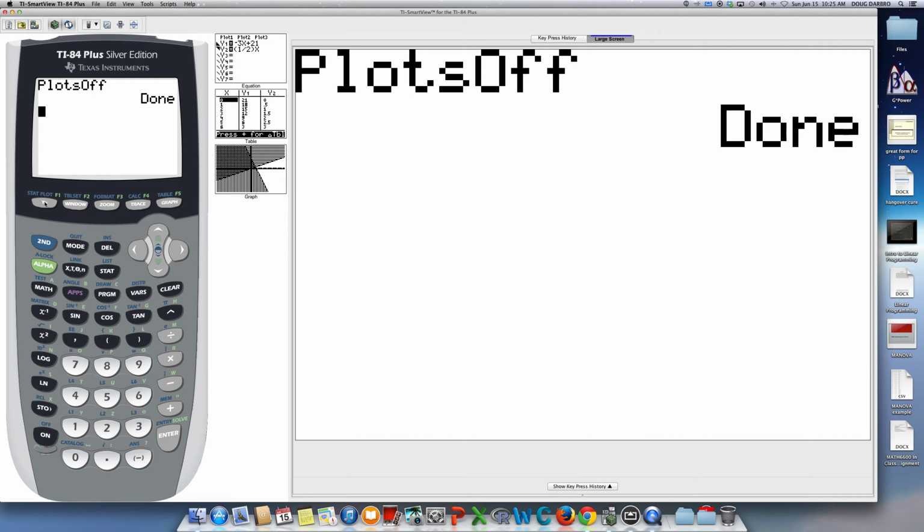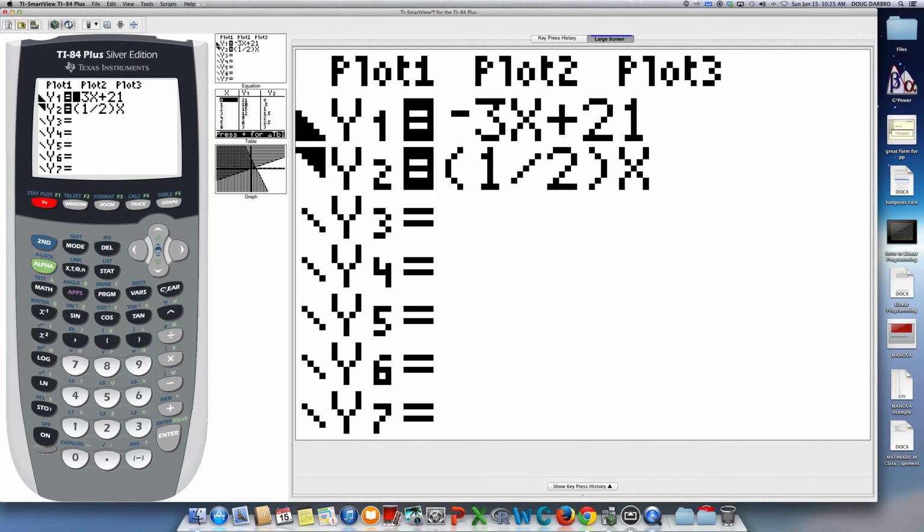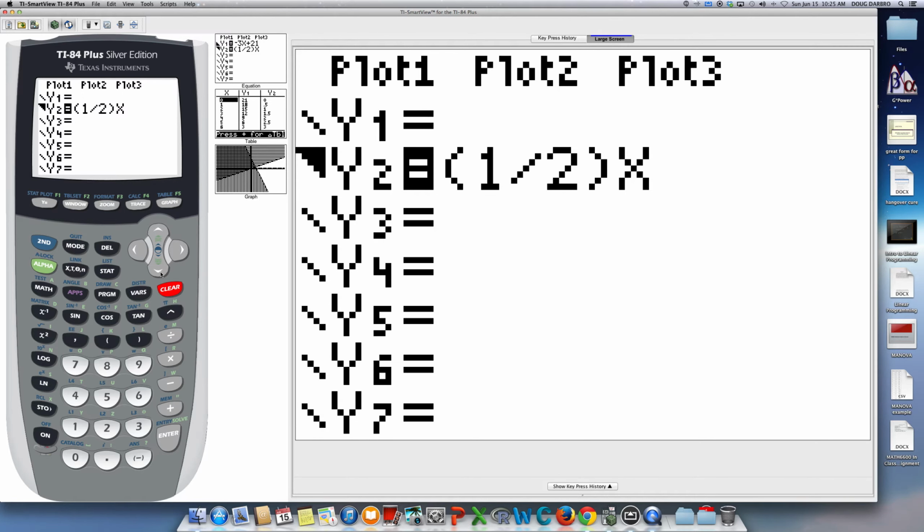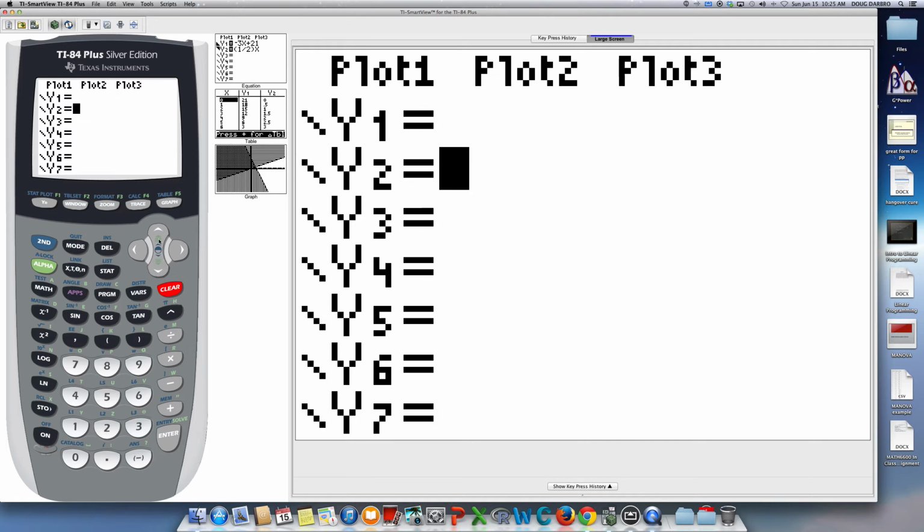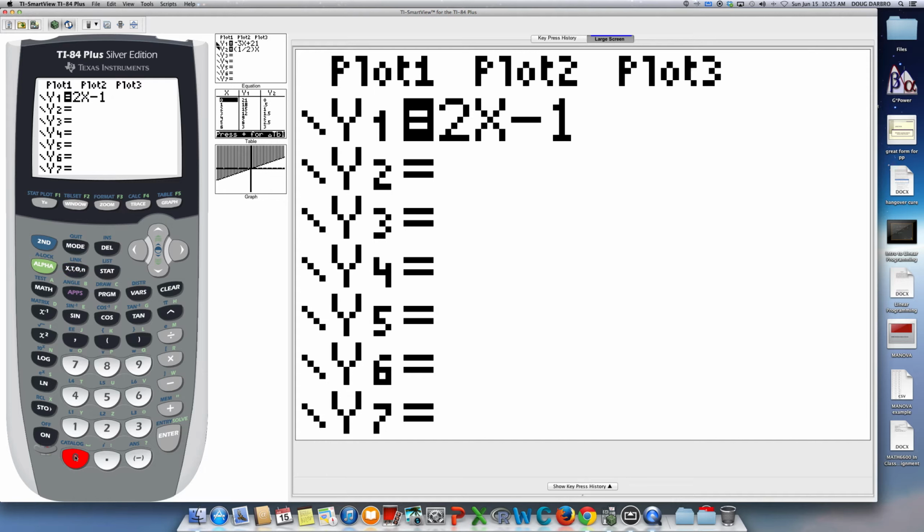So I need to go to y equals and clear out what I've done before. And what I like to do is I just like to put the equations in first. So I have 2x minus 10 and then the other equation was negative 1/2.